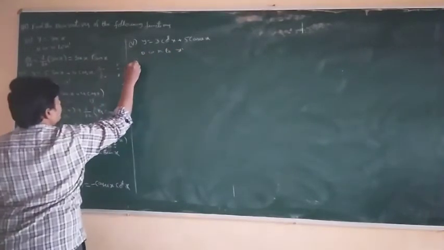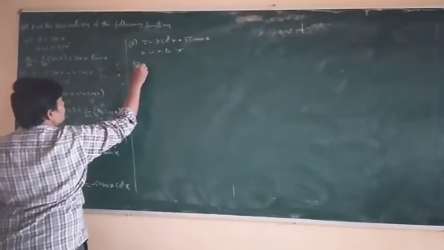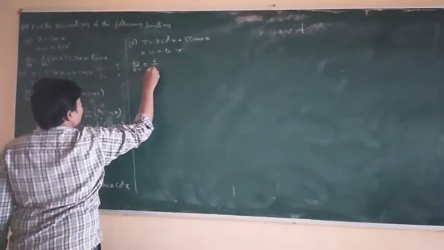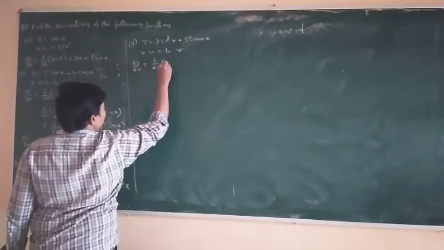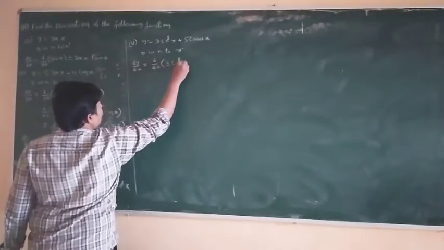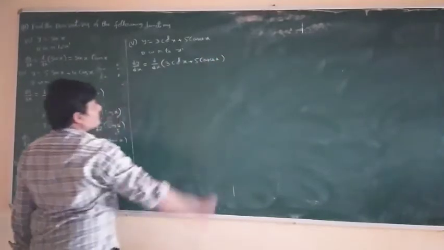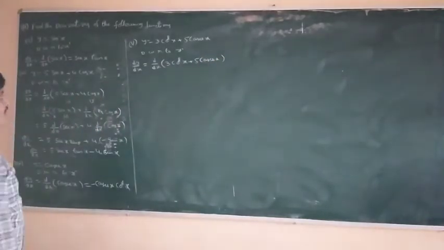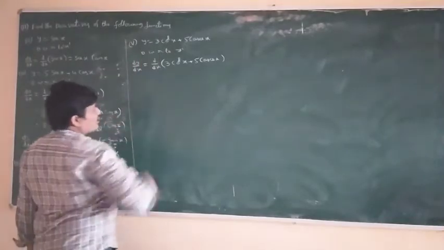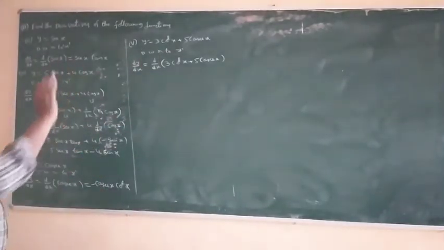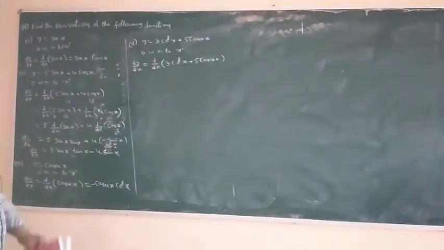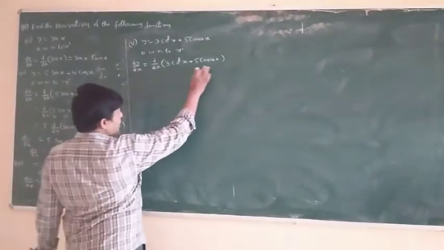So dy by dx is equal to d by dx of the total function, 3 cot x plus 5 cosecant x. We cannot do the derivative of the total function directly, so we have to separate it.